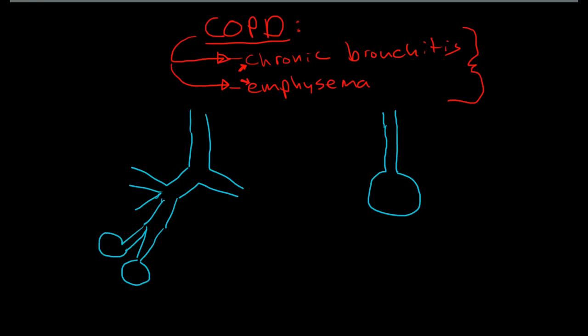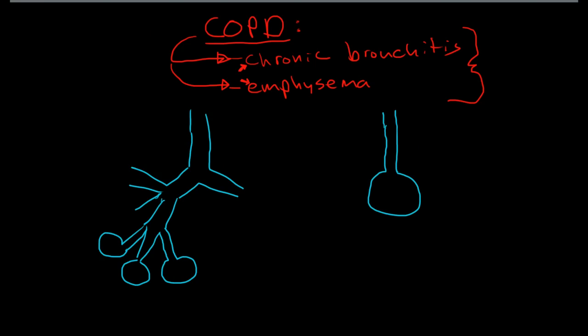Now, here, let me open one up, and we'll put another alveoli here. And obviously this is just a diagram of the respiratory system. This obviously isn't an anatomically correct map.